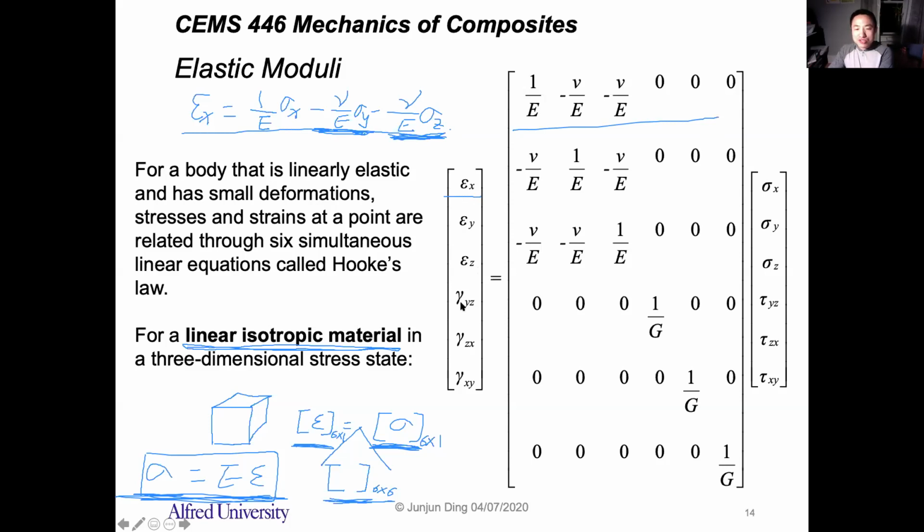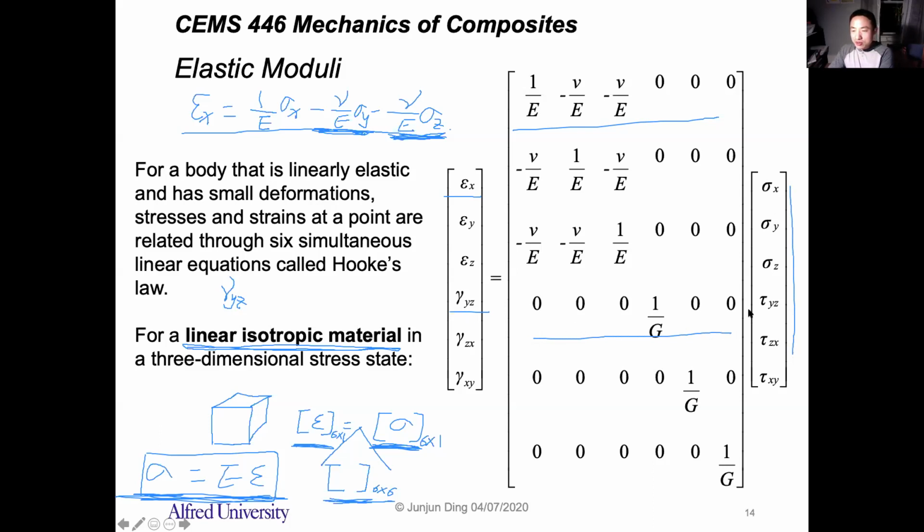So about the shear strain and shear stress. For the shear strain YZ, let's see what shear strain YZ is right here. Here is the fourth row, equals this times this strain column, right?